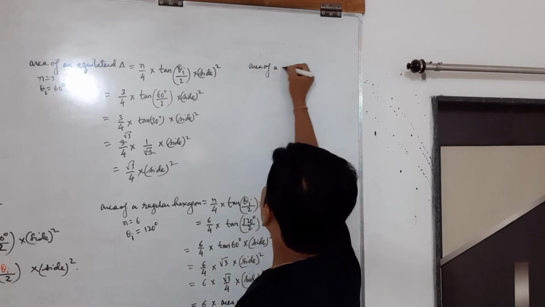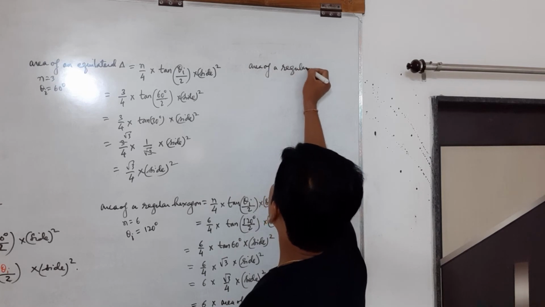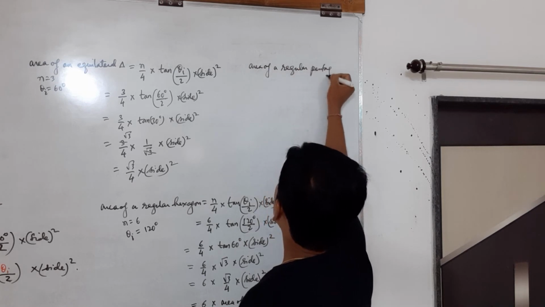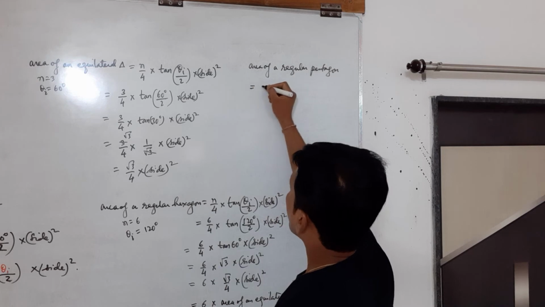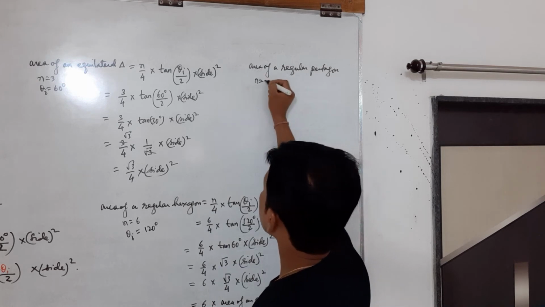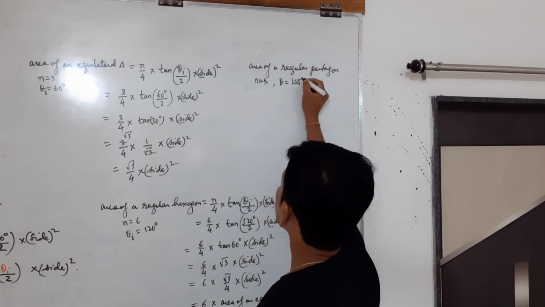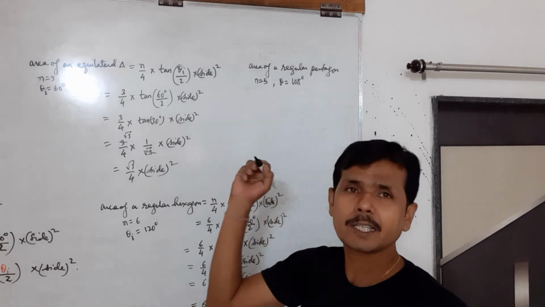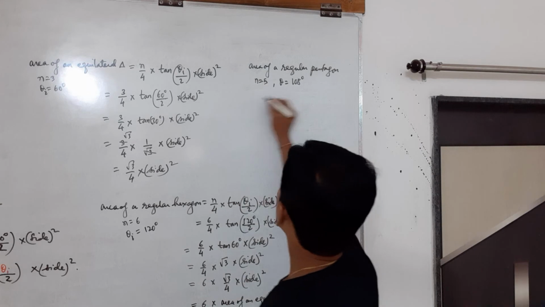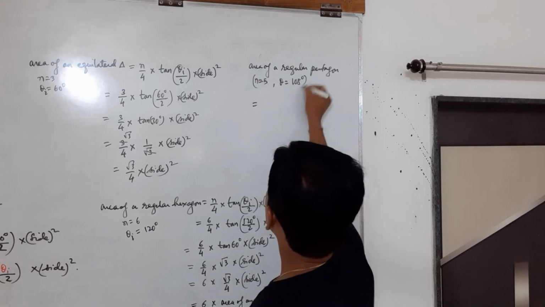Area of a regular pentagon. A pentagon has how many sides? 5. Each interior angle measures how much? 108 degrees. So its area will be equal to how much?